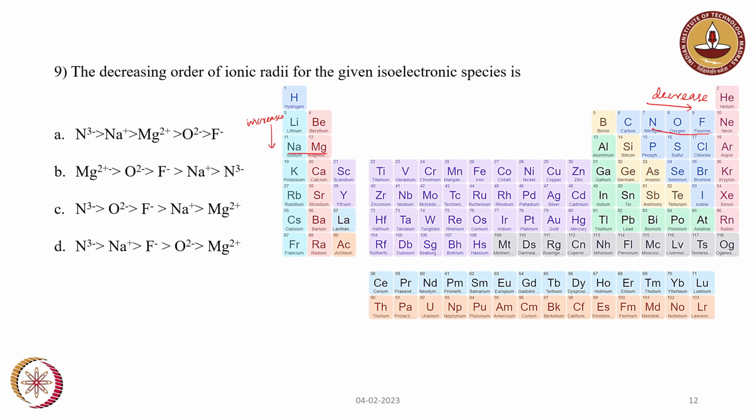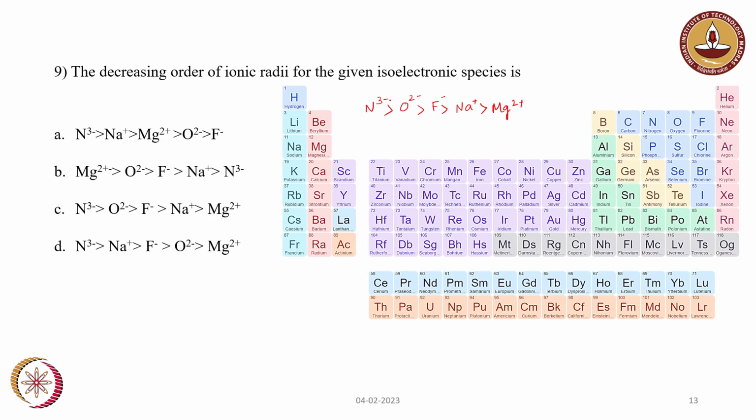Next we discussed the decreasing order of ionic radii for given isoelectronic species. The concept we need to know is that anions will have a larger radius, and the higher the negative charge, the higher the radius.